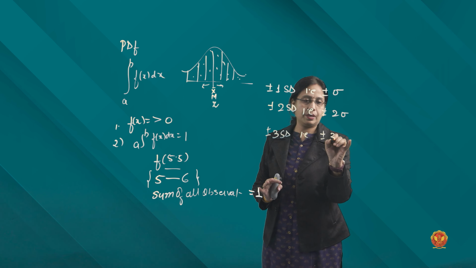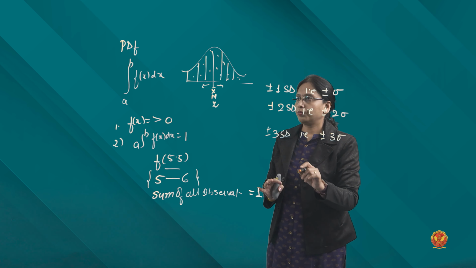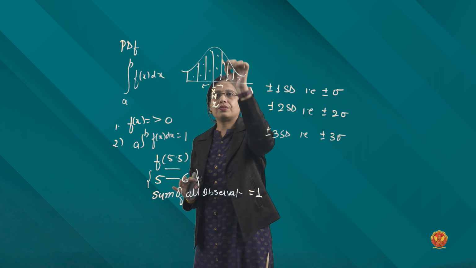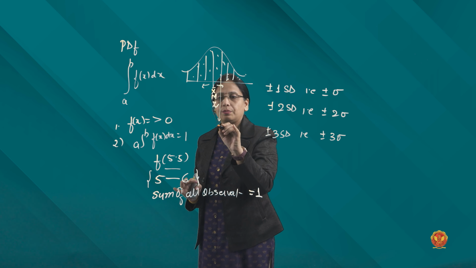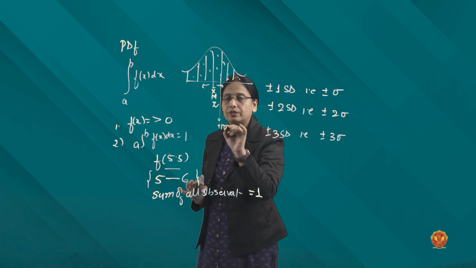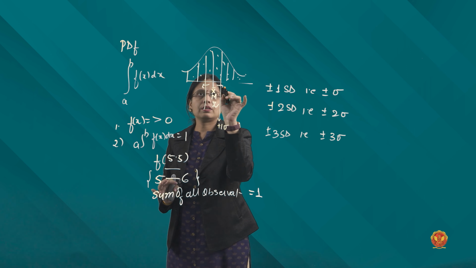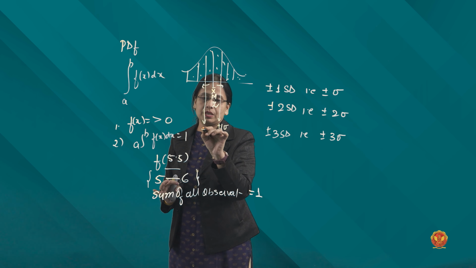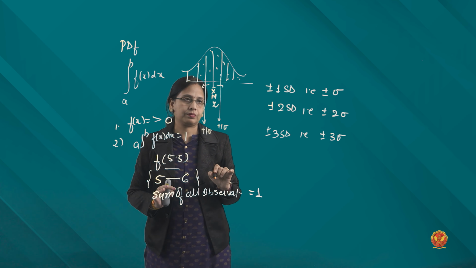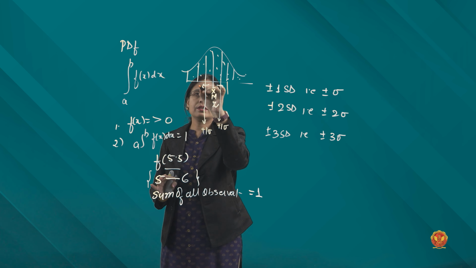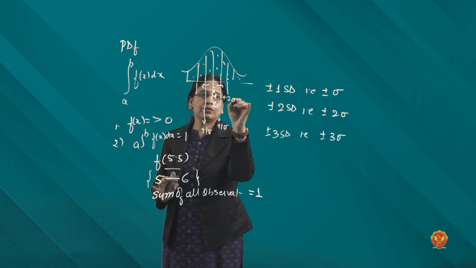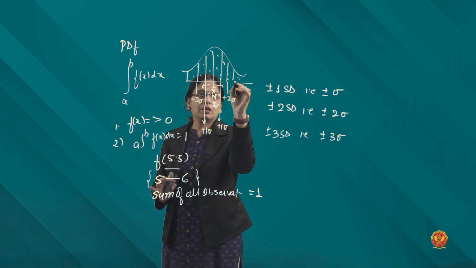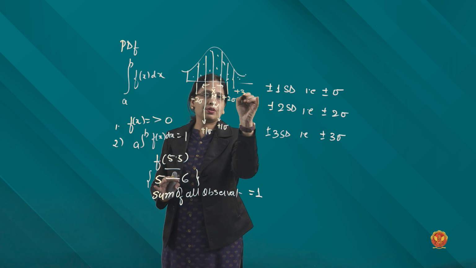So in this case, this first line represents plus 1 standard deviation. This stands for plus 1 standard deviation. Here it is plus 2, minus 2. Here it is plus 3.